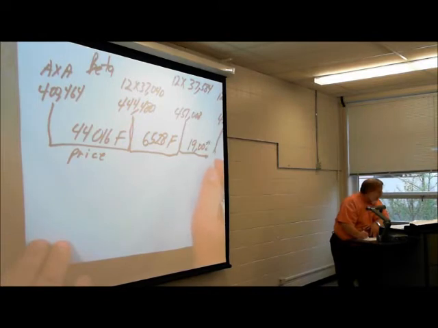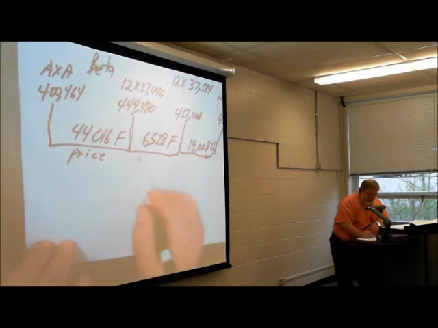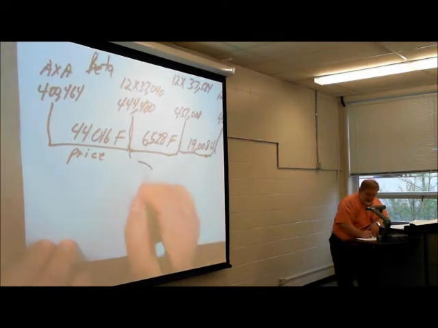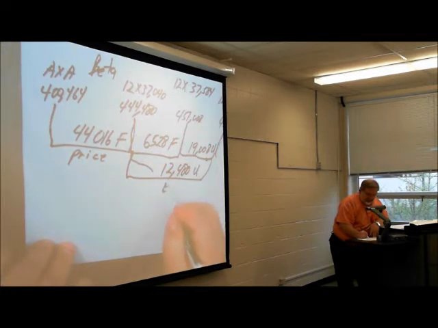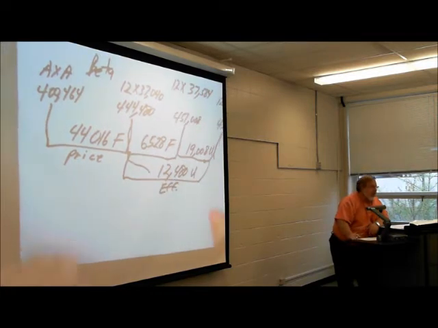Unfavorable. Okay. Now, again, combining these two, what do we get? $12,480 unfavorable. Again, that's your efficiency variance.